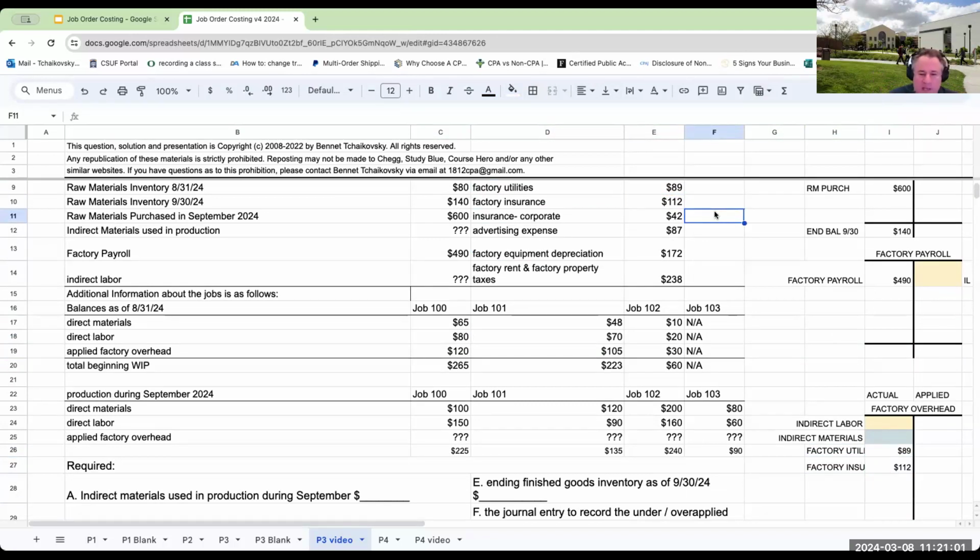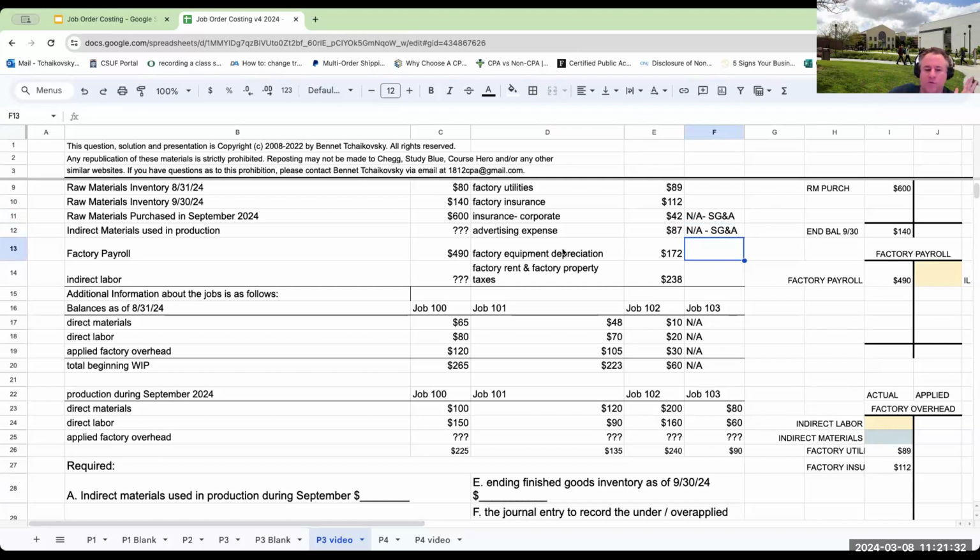So this is going to be not applicable. This is an SG&A cost. Advertising expense, not applicable. This is also an SG&A cost, or selling, general, administrative. This is a period cost that is going to be expensed. Remember, when we're doing these costs here, something that's going into factory overhead is staying in our inventory until it is ultimately put to cost of goods sold.